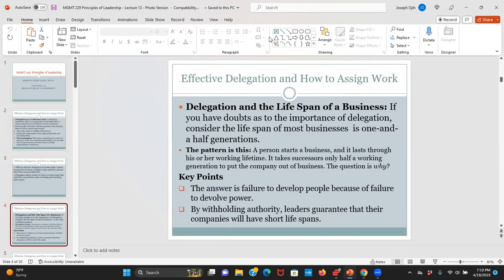You look at the pattern of such businesses. They often run like this: a person starts a business and it lasts through his or her working lifetime. Now it takes the successor only half a working generation to put the company out of business. And then the question is, why is this? Well, we'll come to that question again.